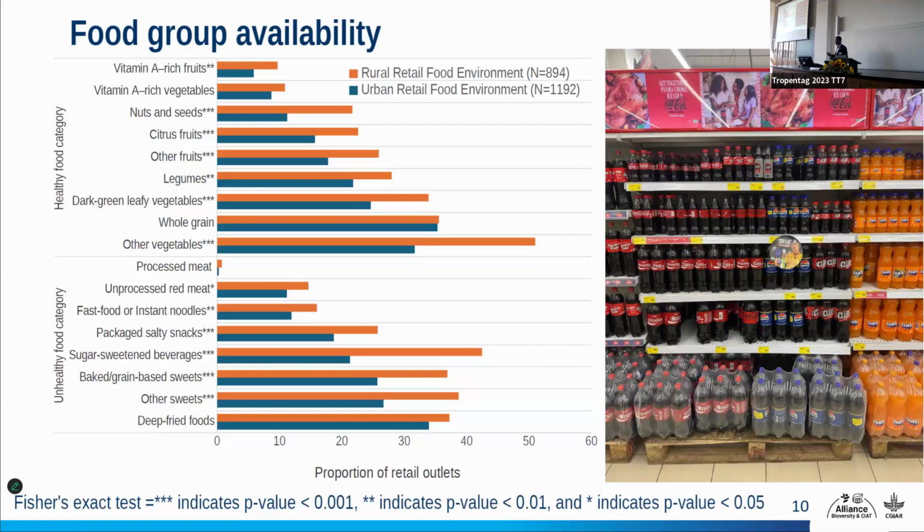Now, if you look at the availability of food, in this case, I am not using the NOVA, but I'm using whether it is healthy or unhealthy based on the GDR score computation. You realize that if you look at proportion, rural food environments seem to have higher availability of both healthy and unhealthy food groups.